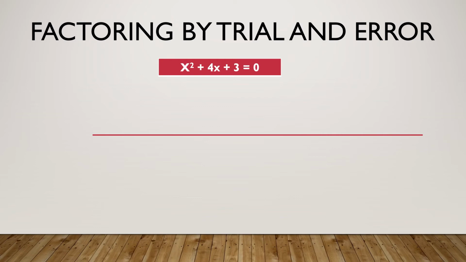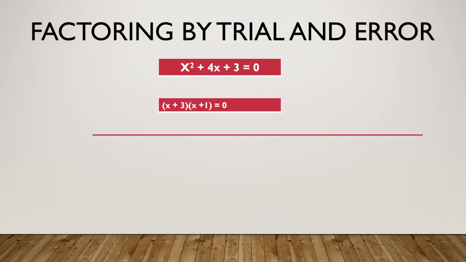If we're going to add 3 and 1, the result would be 4, and that is the coefficient of the middle term. So we're going to use factors x plus 3 and x plus 1. Then both are positive since we don't have a negative sign in the given equation.